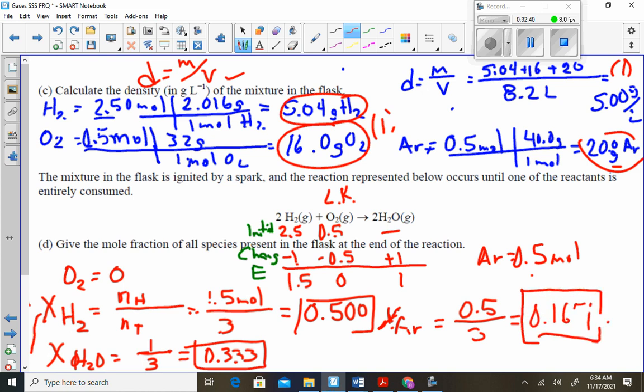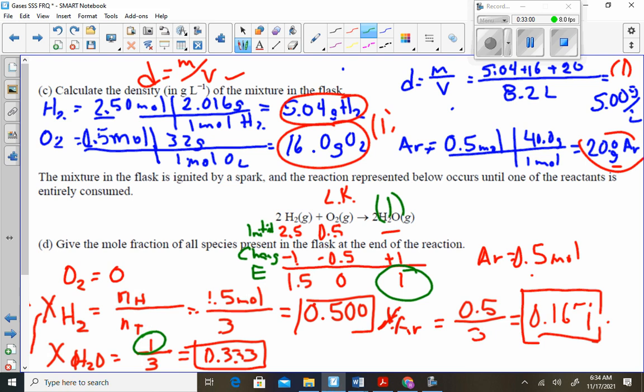Okay. Points on this, you have 1 point for calculating the moles of water. And so if you found the moles of water right here or right here, that was 1 point.